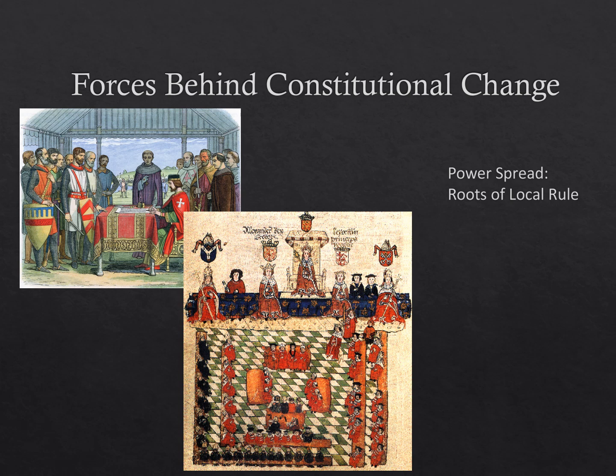And what emerged out of this was a power-sharing agreement between the English king and some of the leading figures in the realm, both noble and non-noble leaders. And what emerged out of this was Parliament.